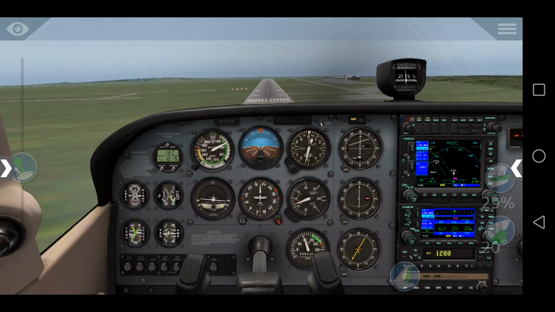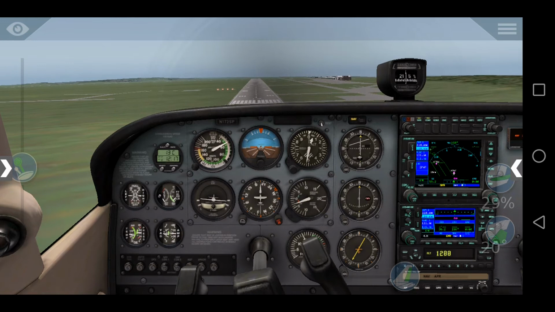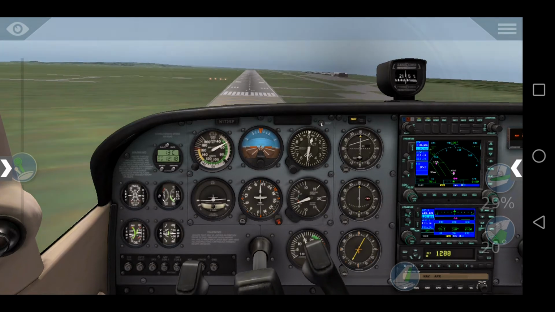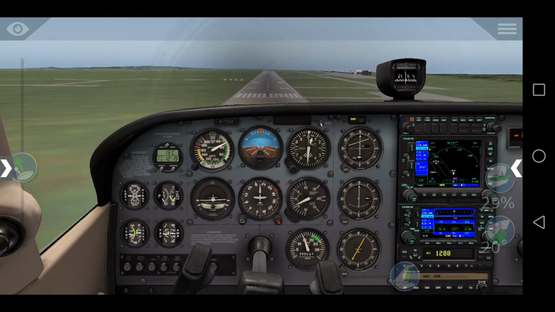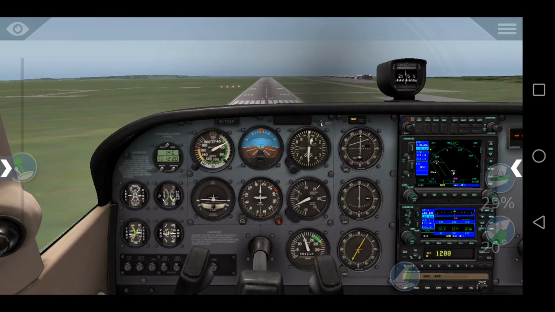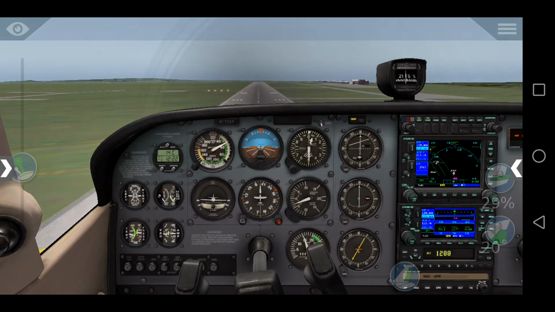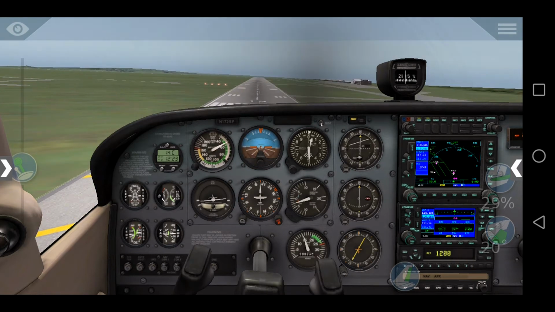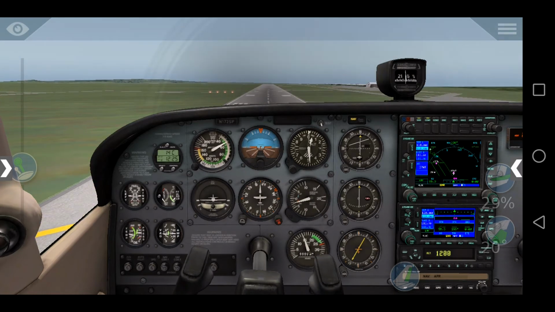55 knots is not a bad speed for landing. Stall speed for the Cessna 172 is 44 knots. So I'll still be 10 knots above stall. I'm only 100 feet above the runway because it sits at 444 feet.